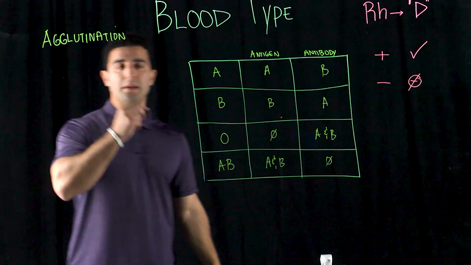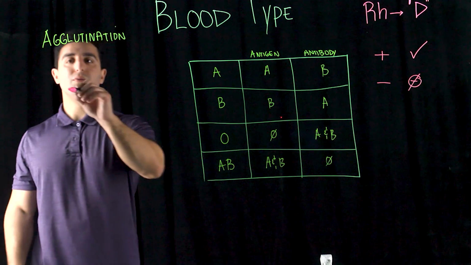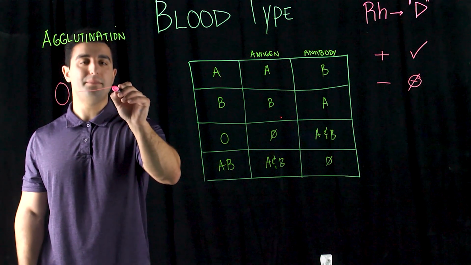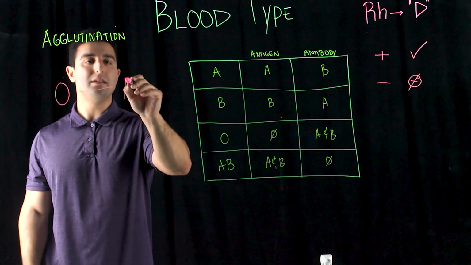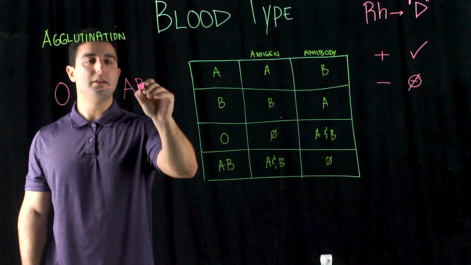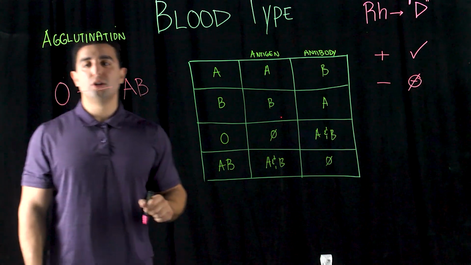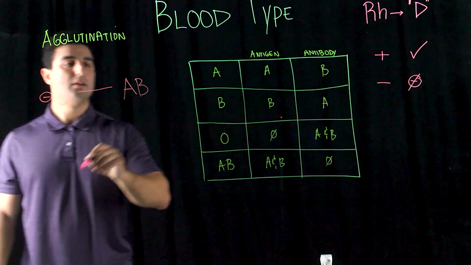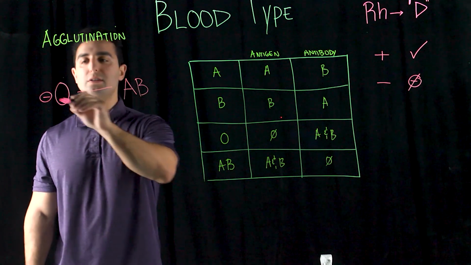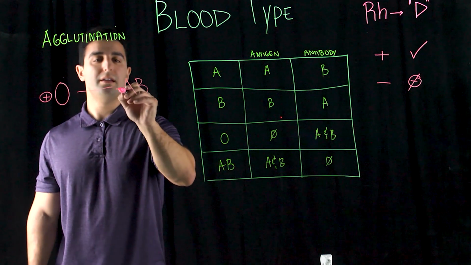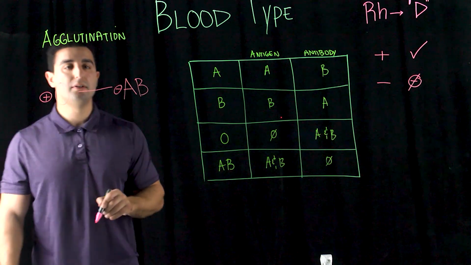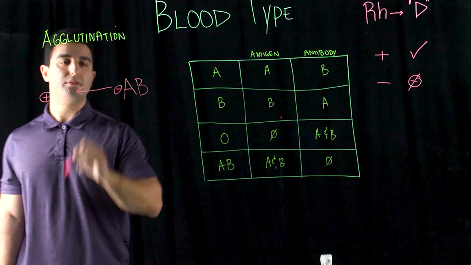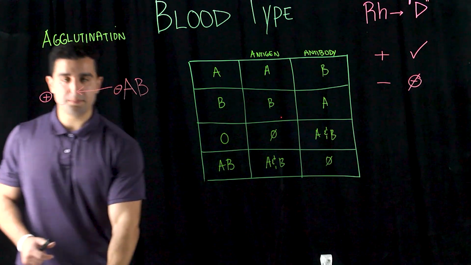And so what becomes really important is when we look at blood transfusions, right? So the same process can happen when we look at the agglutination, right? So if I have an O positive and an AB negative, right? So if I want to go in this direction first, is this possible?